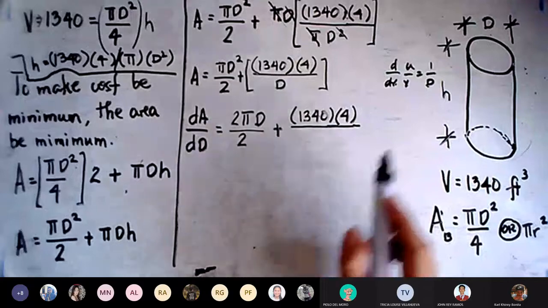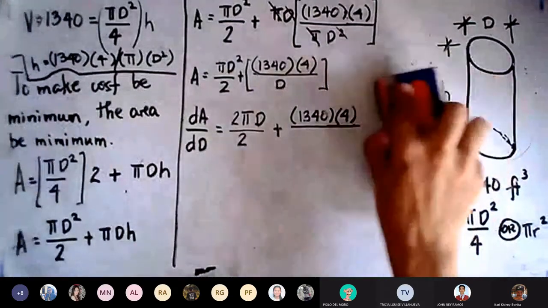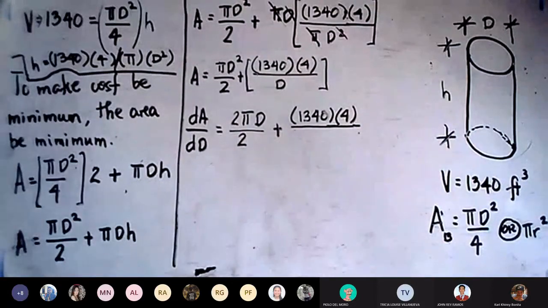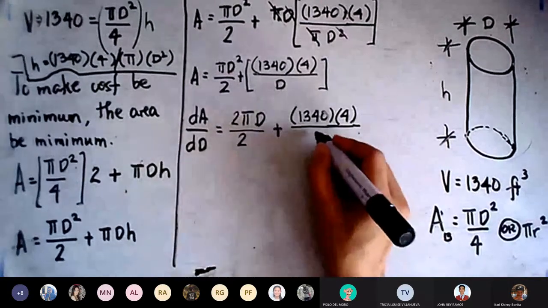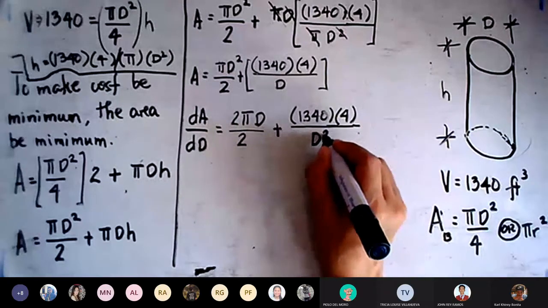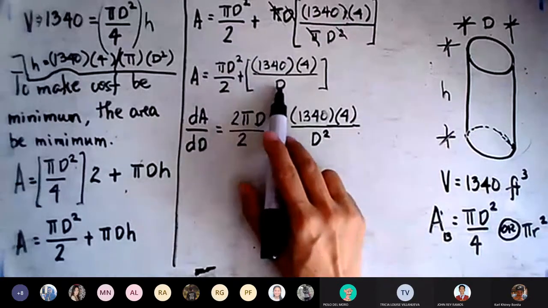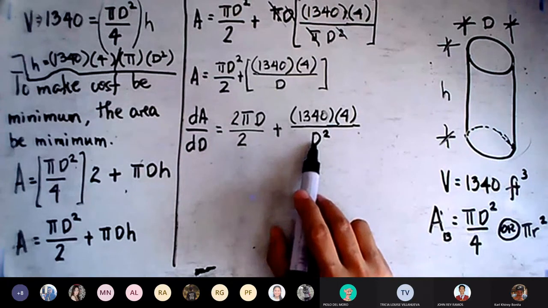Remember that you have the formula for the quotient for the derivative. I'm just going to show you the shortcut method. So you have 1,340 times 4, it's a constant. And all you have to do is to square the denominator, which is d. When we have this form, all you have to do is to get the square of the denominator. That is for the derivative.